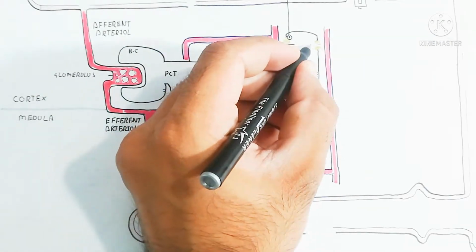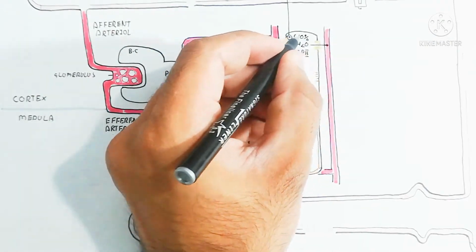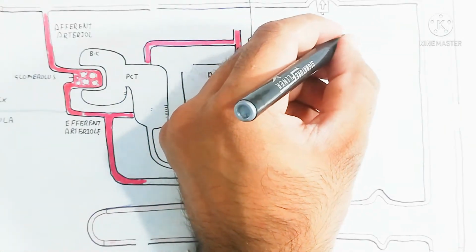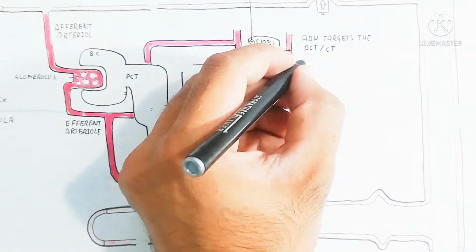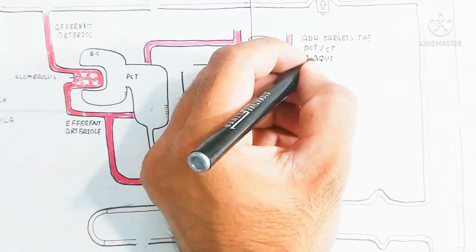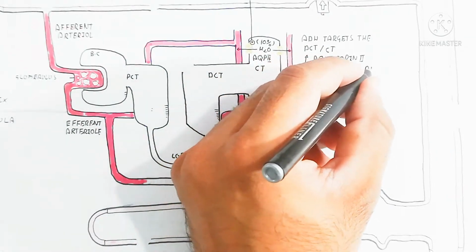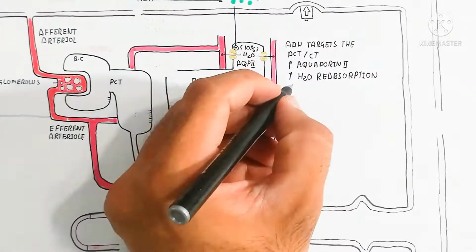This aquaporin is produced due to antidiuretic hormone, and 10% of the water is absorbed into the blood, into the efferent arteriole, increasing the blood volume.